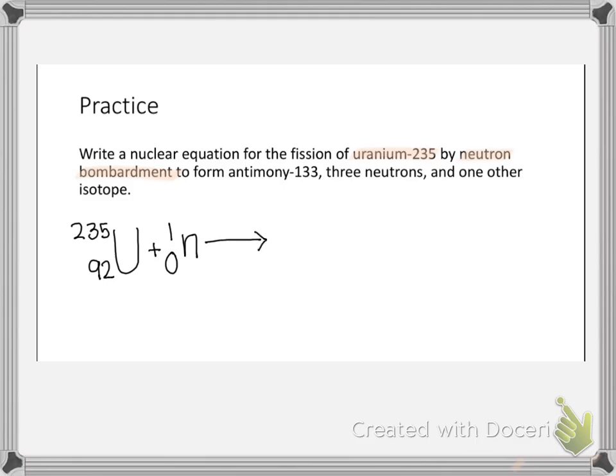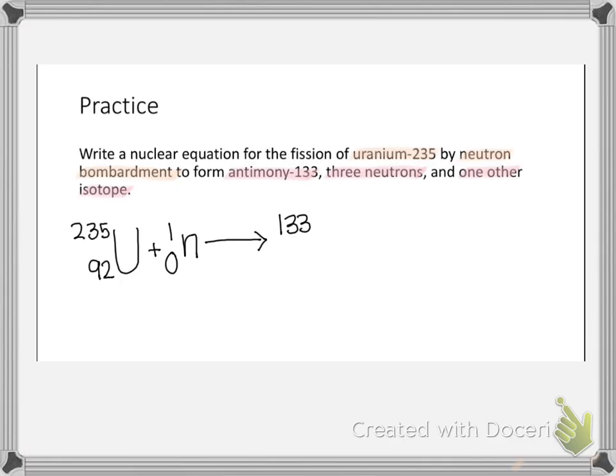Then it says to form, so let's see what our products are. It forms antimony-133, 3 neutrons, and then 1 other isotope. Remember, in a fission reaction, we form smaller nuclei and more neutrons. So let's get the antimony, 133.